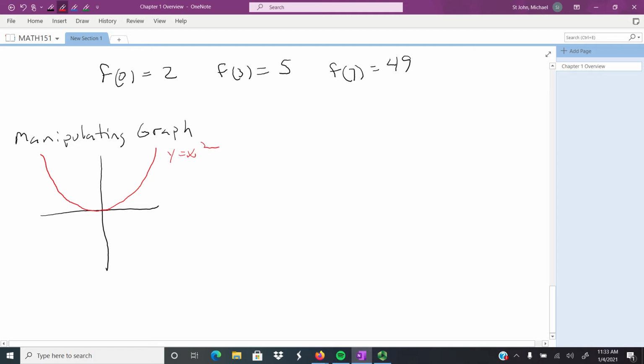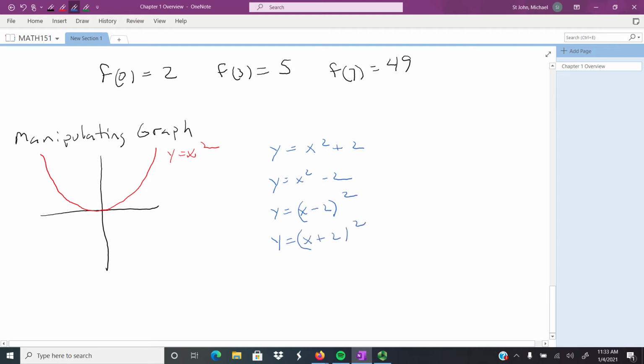You should remember how to do y equals x squared plus 2, y equals x squared minus 2, y equals x minus 2 squared, and y equals x plus 2 squared.